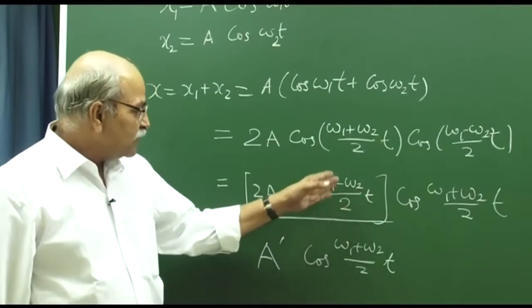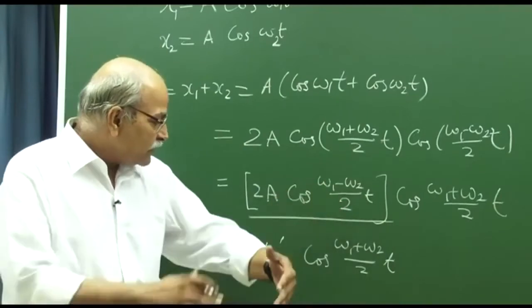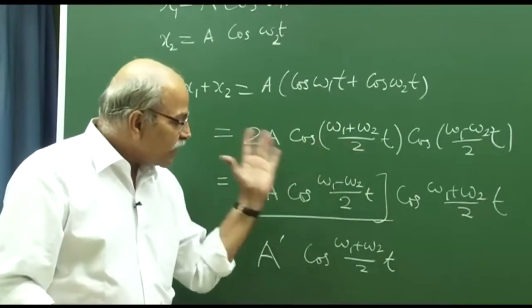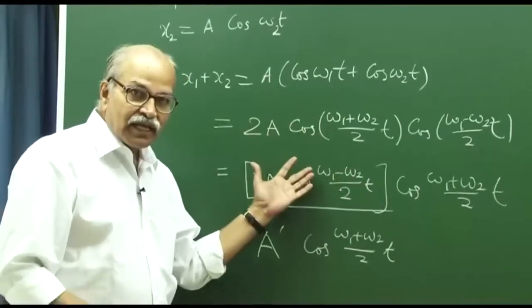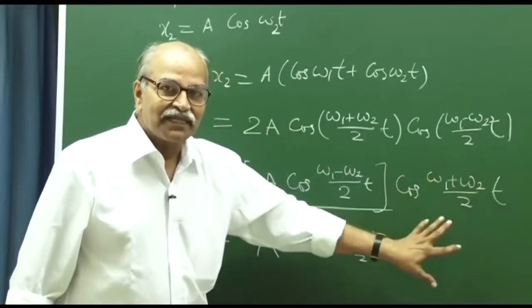So, the time period will be large because this frequency is small. So, over a large time the amplitude will gradually change, and the whole thing is oscillating with a mean frequency.